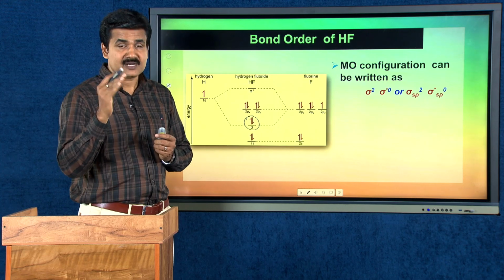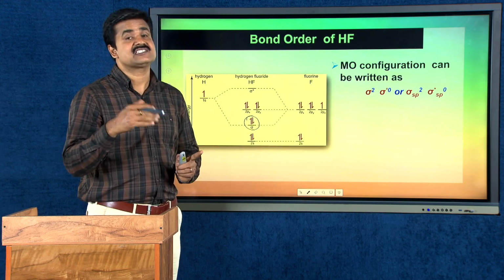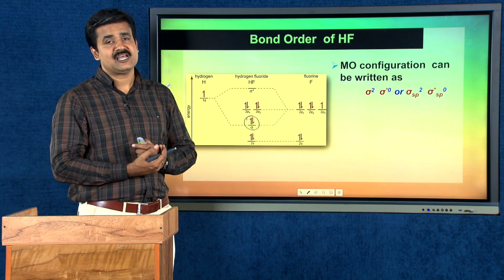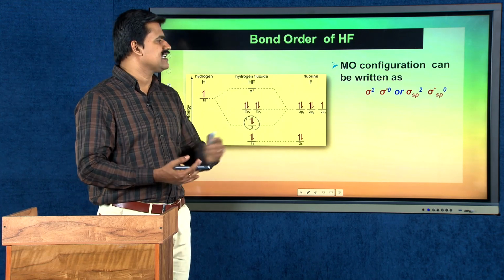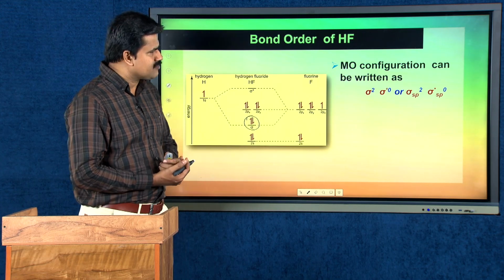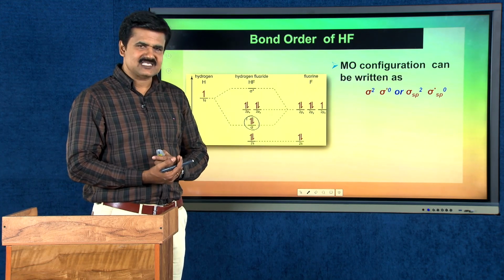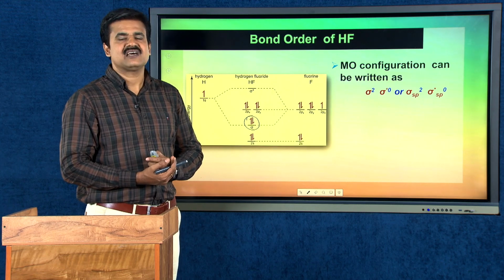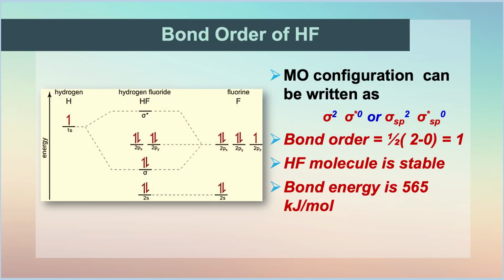That's why you can mark it as sigma sp instead of sigma. Both notations can be used. So the MO configuration is sigma 2, sigma star 0, or sigma sp 2 and sigma star sp 0. The bond order of the hydrogen fluoride molecule is calculated as half into 2 minus 0.